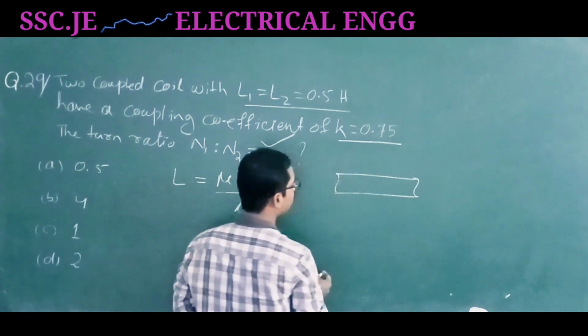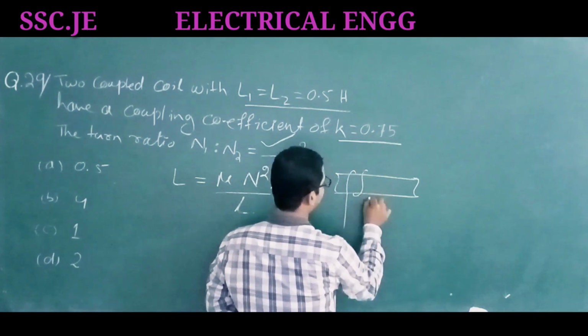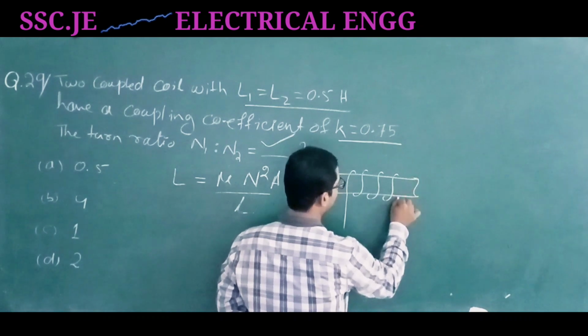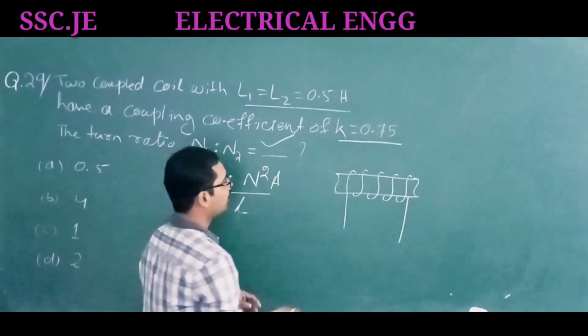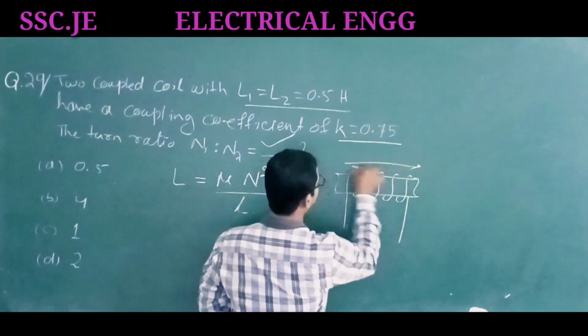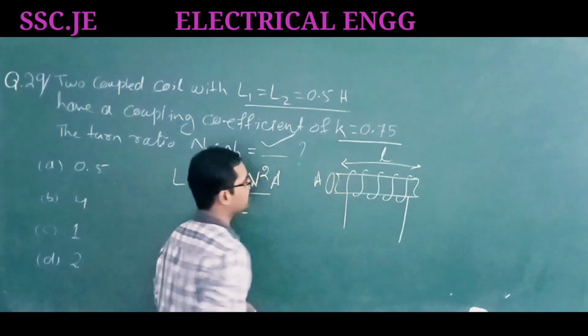The solenoid will be present like that, and these are the coils, the windings. This makes a solenoid, and this is the length of the coil, l, and this is the area of cross section.